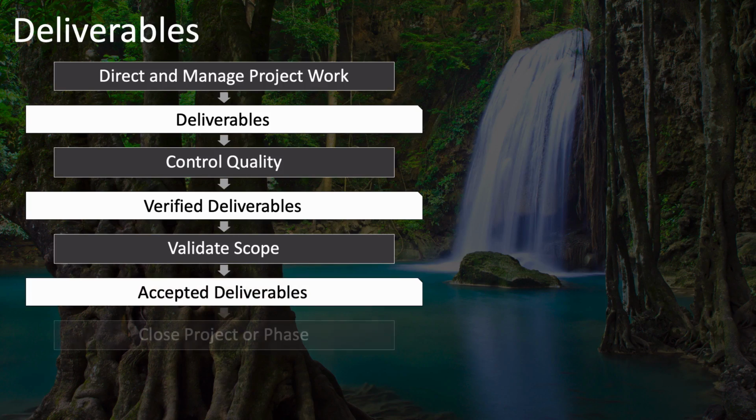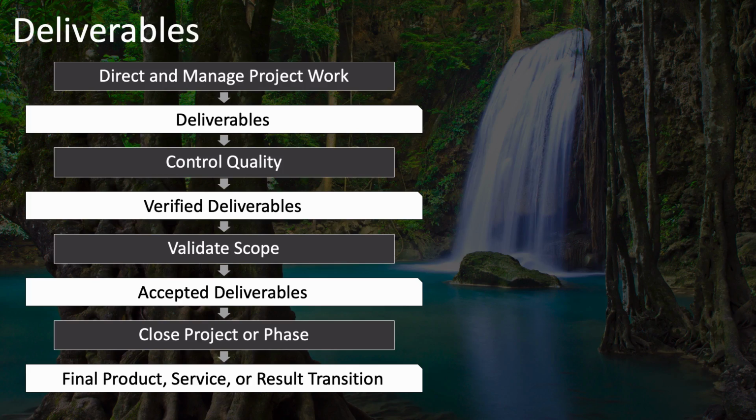These then flow into the close project or phase process at the end of your project. And again, the name of these deliverables is changed, this time to final product, service, or result transition. This can be a little confusing in that these names change so much, and through these different processes that go through these different knowledge areas of integration and quality and scope and back to integration again. But it's important to understand and remember how these flow.